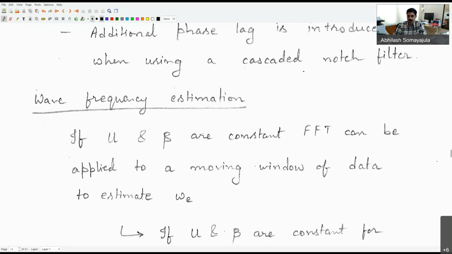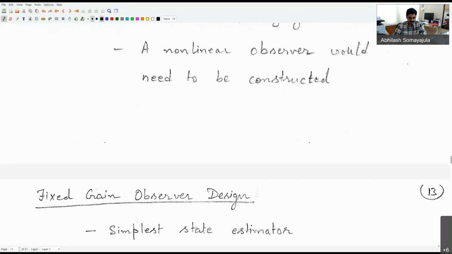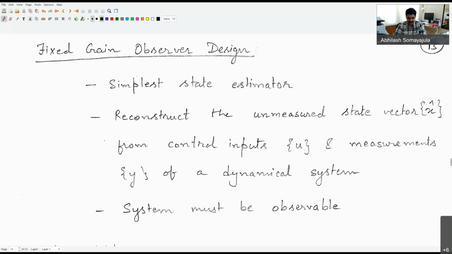And a few types of observers started to be built, which could estimate this low frequency component and isolate it and give it to you. So we'll look at a few of them, which will eventually lead us into what is called the Kalman filter. Okay.